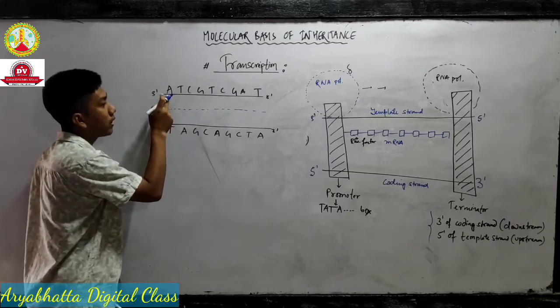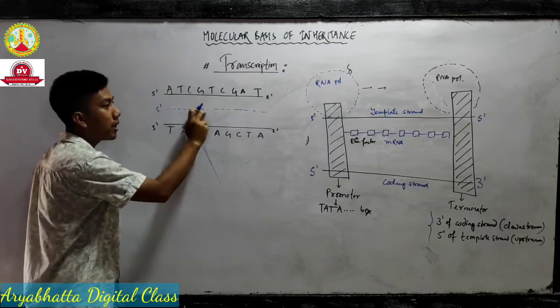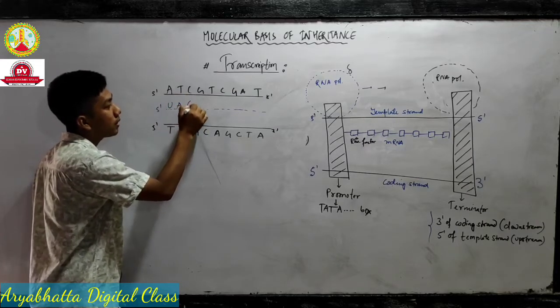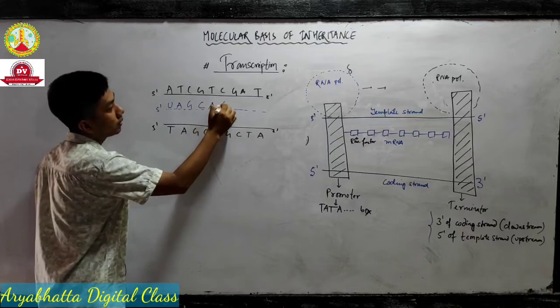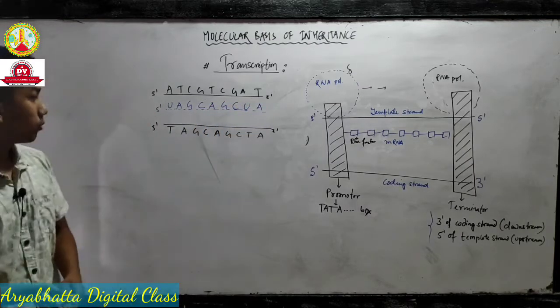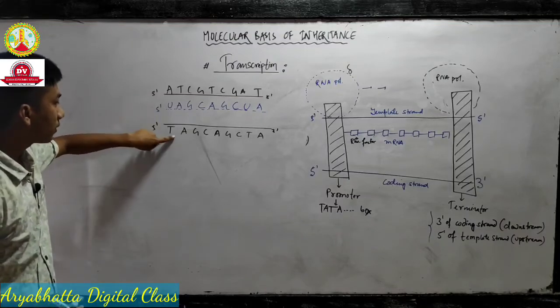So see, adenine will bind with thymine, but this is mRNA, so thymine will be replaced by uracil. This is not a problem, how much should I explain the same thing. Yes, so we got the exact copy like this.